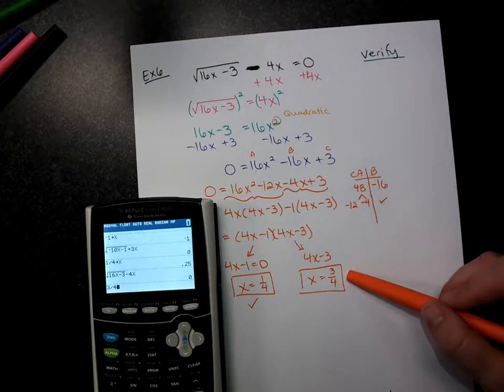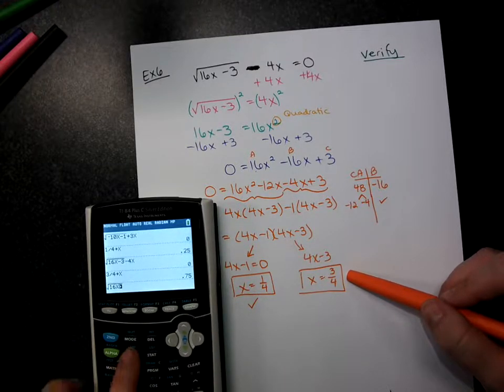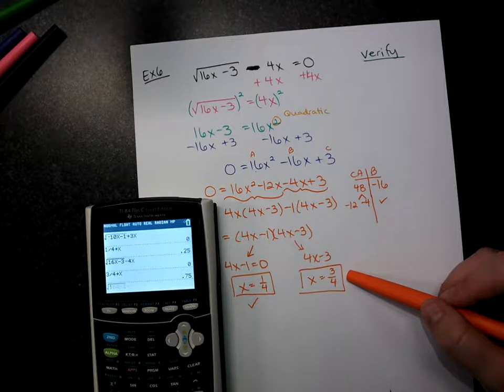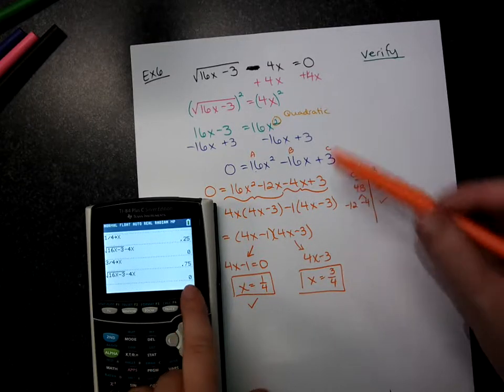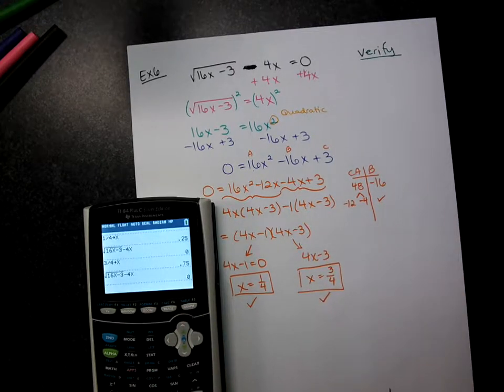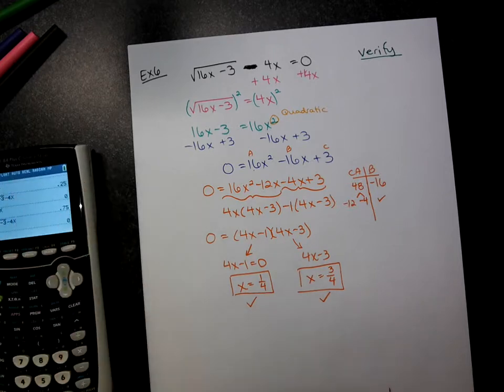So 3/4 store for x, and then type it again, the square root of 16x minus 3, close the parentheses, and then minus 4x, and we're hoping that gives us 0. If it doesn't give you what it should equal, then it's not valid, but those two are both valid.